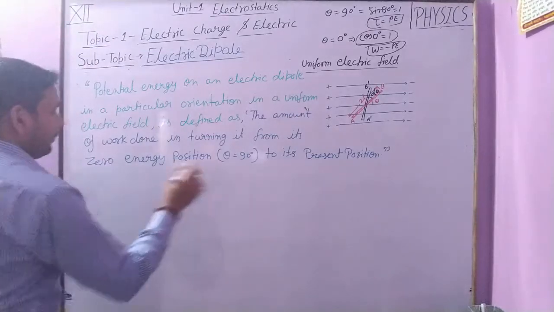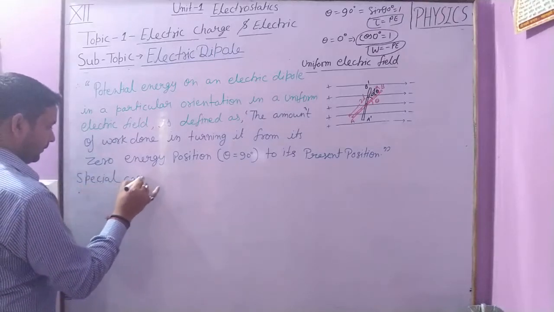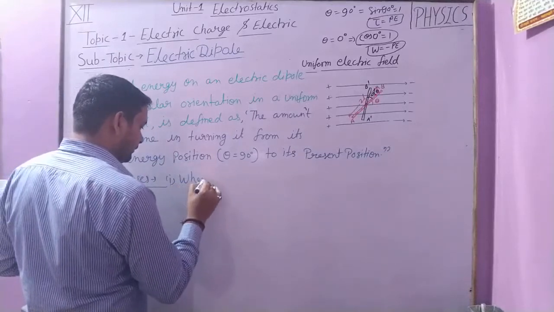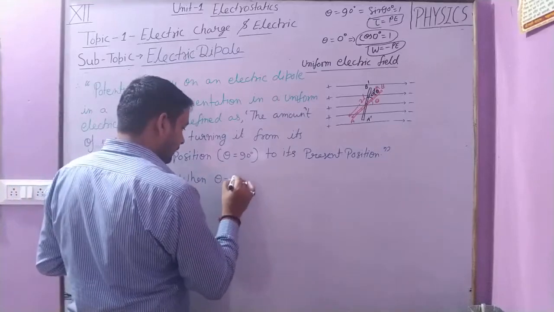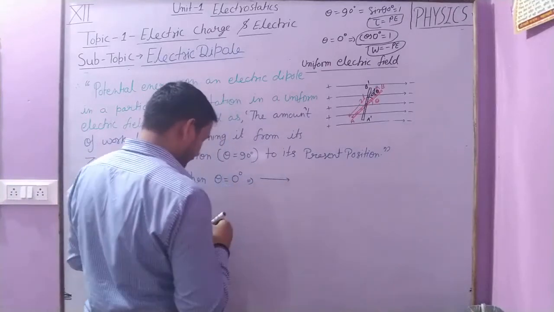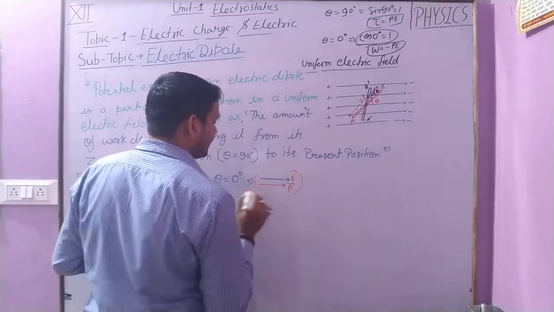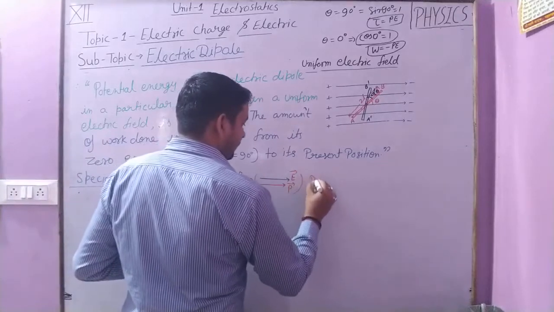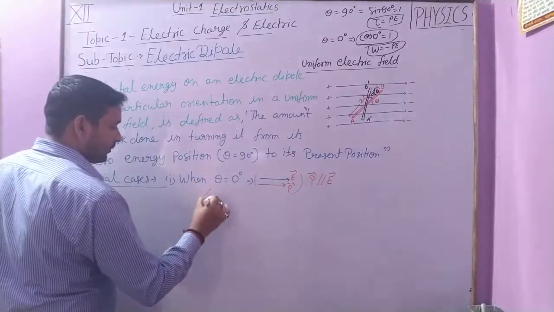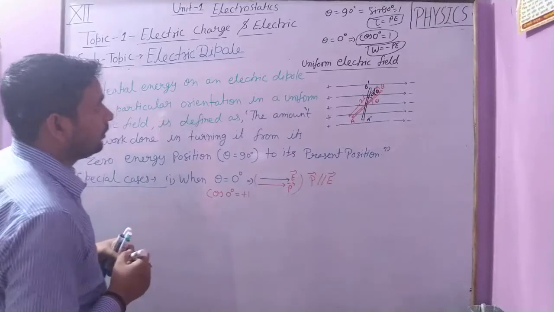Now we have some special cases. First, when theta is equal to 0 degrees, that is, the electric field and dipole are both in the same direction, and we say vector P is parallel to vector E. For this particular case cos 0 degrees is equal to plus 1.